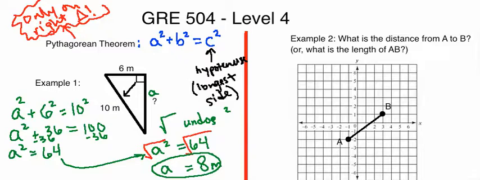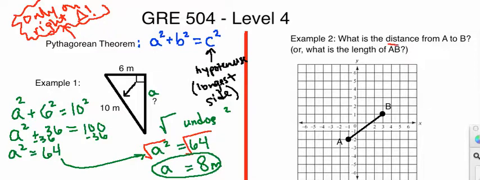This concept can be similarly applied to questions like example number 2 over on the right-hand side here. The question is, what is the distance from A to B? And you'll notice we have a segment that's on a coordinate plane. Another way to ask this question is, what's the length of AB, the segment AB?